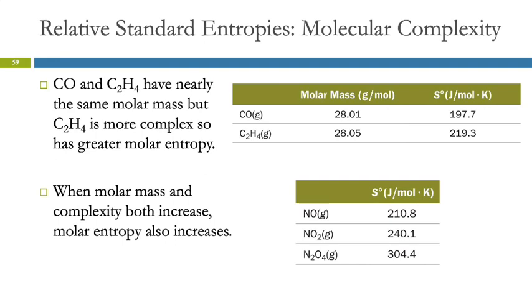Compare nitrogen monoxide and nitrogen dioxide: they both have translational motion, they both have rotational motion, but nitrogen dioxide has 2 bonds that can stretch and contract, whereas nitrogen monoxide only has 1. So the more bonds you have, the more wiggling a molecule can do, the higher the entropy.